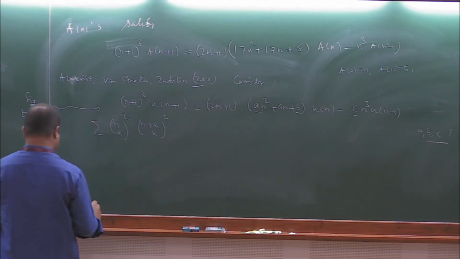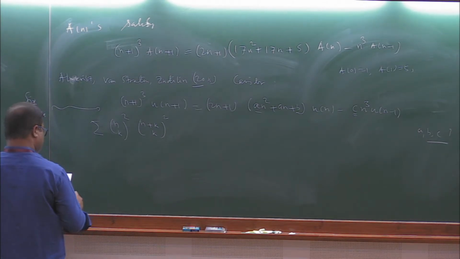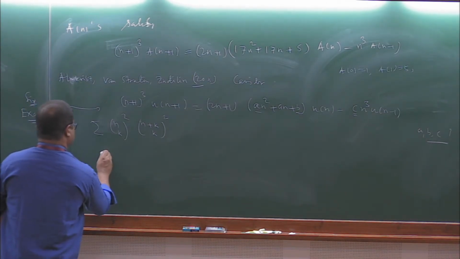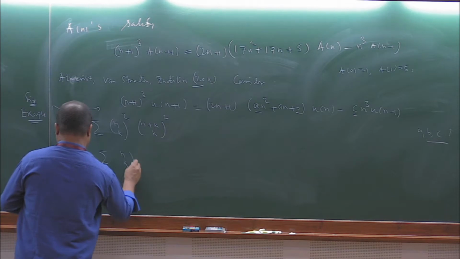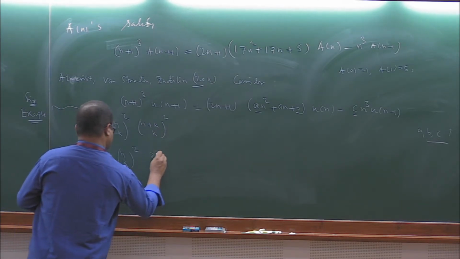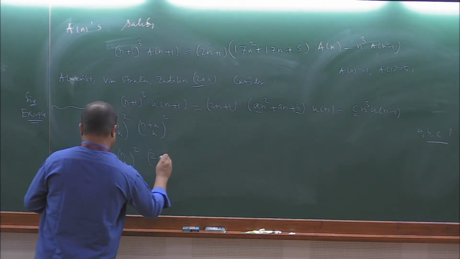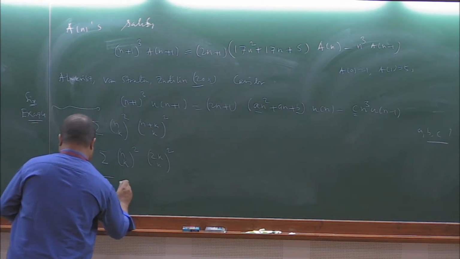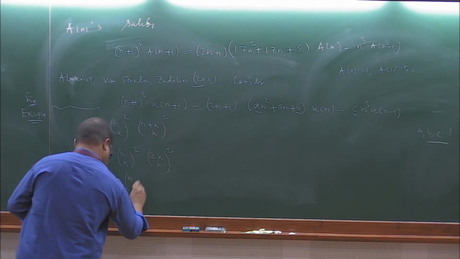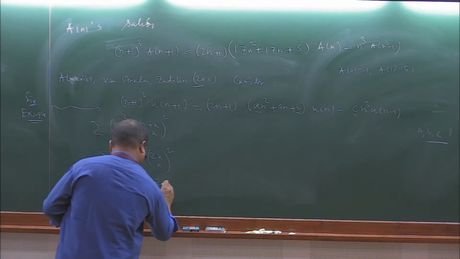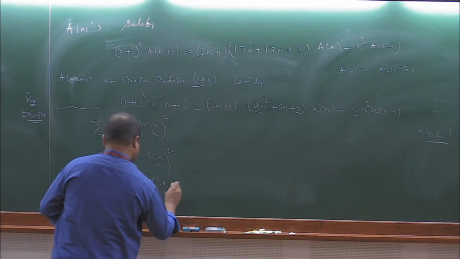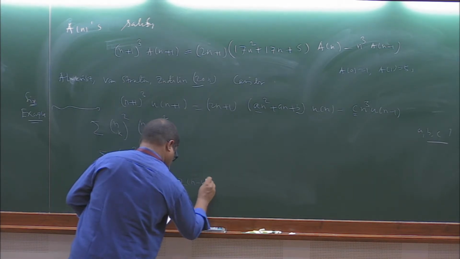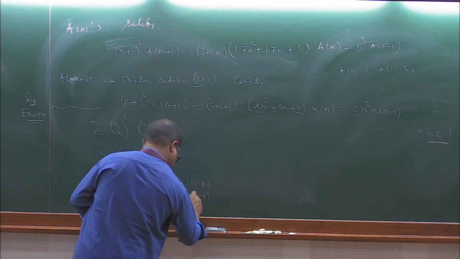That's one example, the original Apéry numbers. Then there are sums like n choose k squared times 2k choose n squared, and the numbers of the type n choose k squared, 2k choose k, 2n minus k choose n minus k.